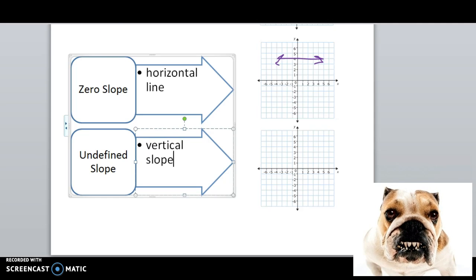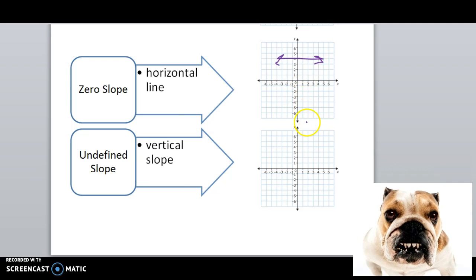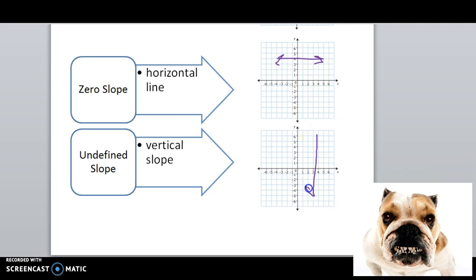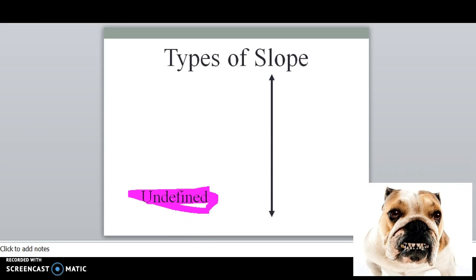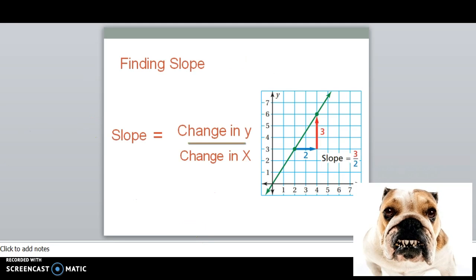And in that case, the line is going to go up and down. Now going back to the presentation, let's talk about how to calculate slope. Looking at a slope, it's your change in y over your change in x.